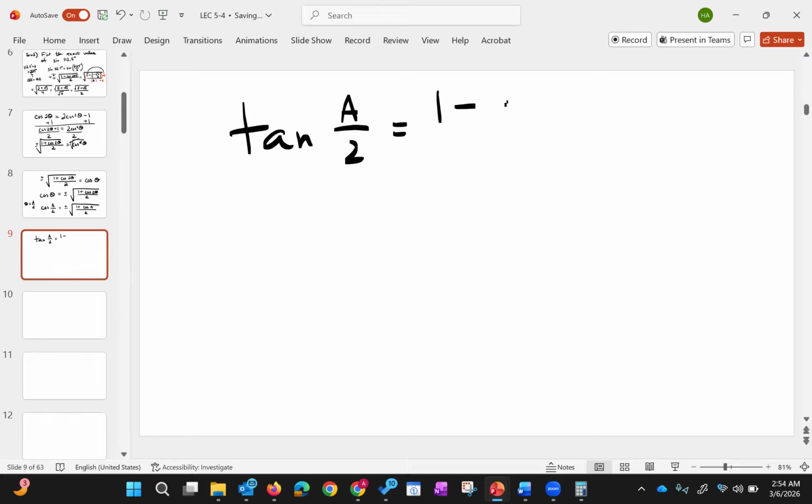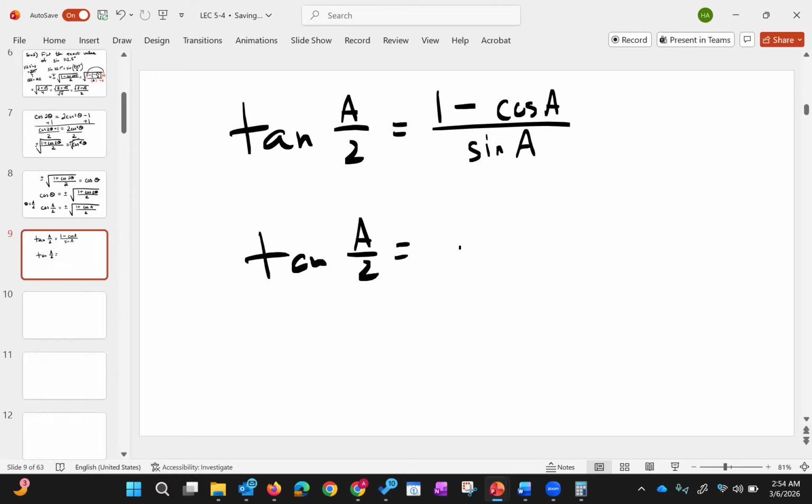Here, this is one formula: 1 minus cosine of A over sine of A, or another half angle formula for tangent you could use is sine of A over 1 plus cosine of A. Whoa, okay, you can use either one of them. It doesn't matter. For the most part, you need a sine and a cosine for this one, and a sine and cosine for that one. So really, it doesn't matter which one you use. You'll wind up with the same answer both ways.